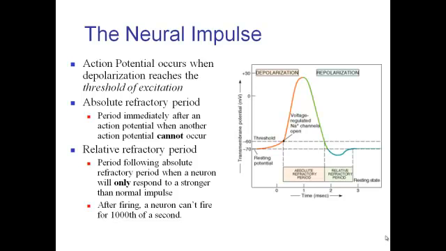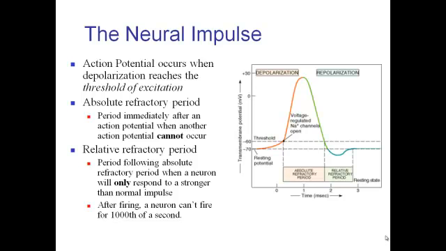When depolarization occurs, it starts to become a little bit less negative. When it reaches negative 60 millivolts, the sodium channels open up, and the positive ions rush in, and boom, you've got your action potential.